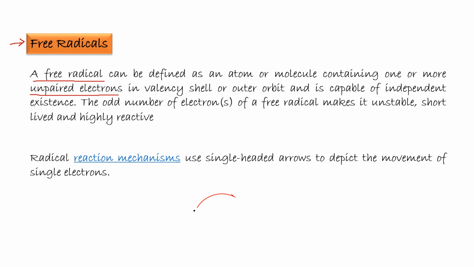In radical reaction mechanism, we use a single-headed arrow to depict the movement of a single electron. For two electrons, we use this double-headed arrow.